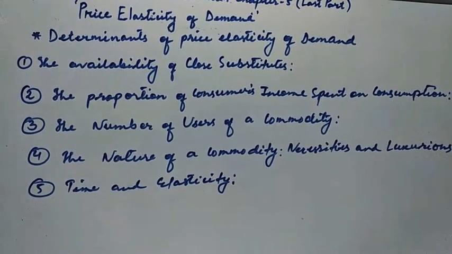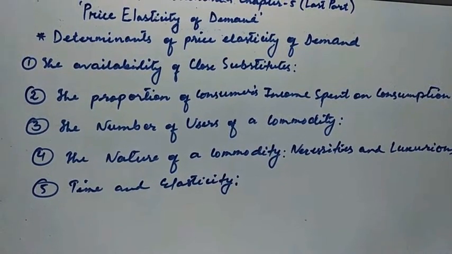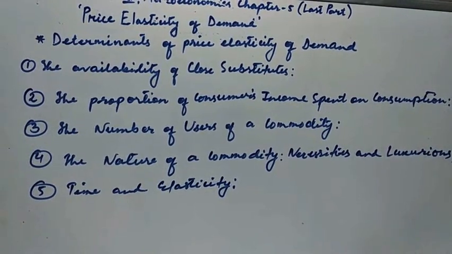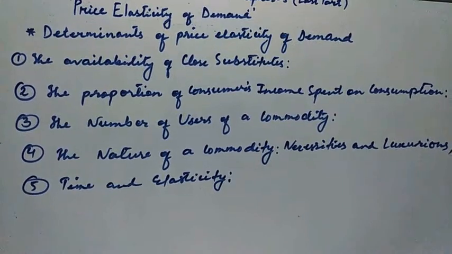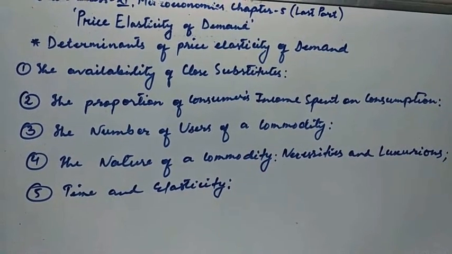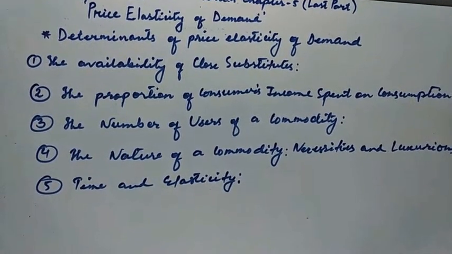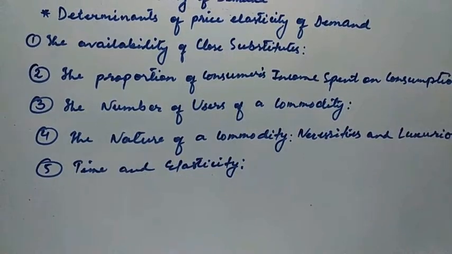For a luxury commodity, the price elasticity will be very high because a huge part of the consumer's income is spent on that. And when that luxury item changes its price, the demand for those luxury goods will also change in a huge quantity.